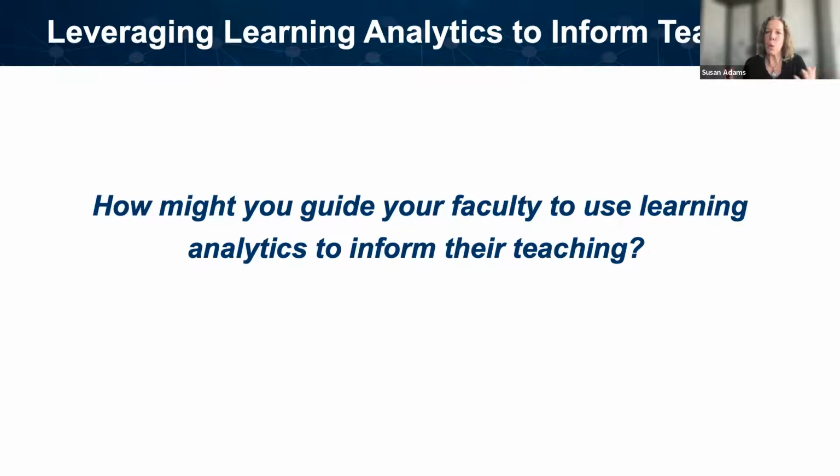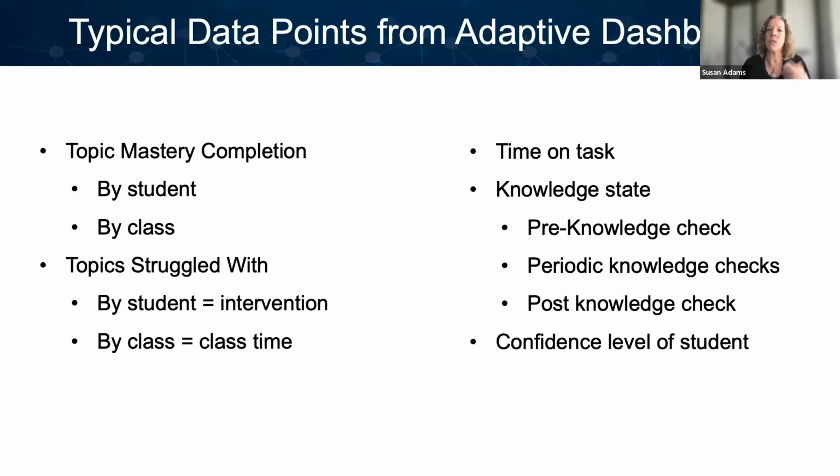But we wanted to give you a little orientation into what might be some typical data points that you might see in a dashboard. And of course, we also know that there are data points inside of a learning management system, and there are ways to orient around what those might be, including clicks on the syllabus or time on task pieces. The adaptive courseware has similar, but even more granular data points that you might see, which would be topic mastery completion.